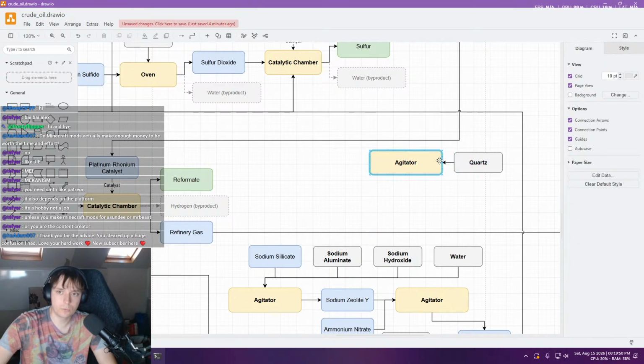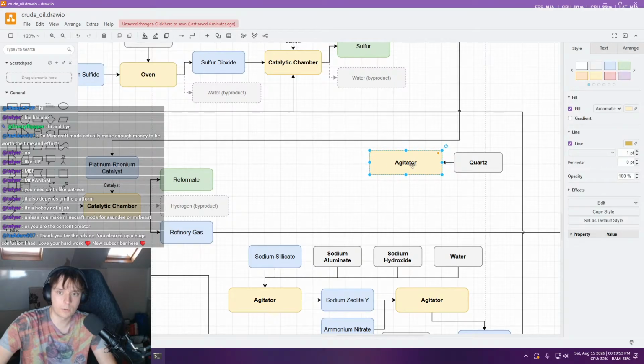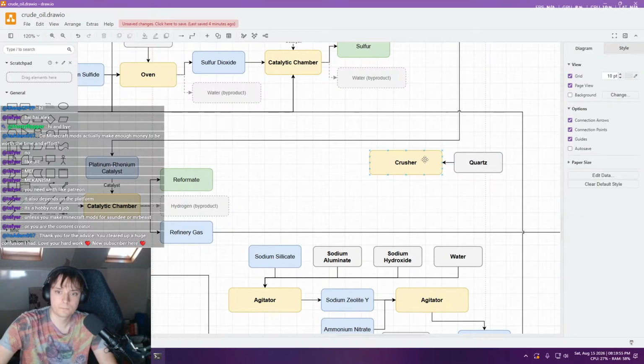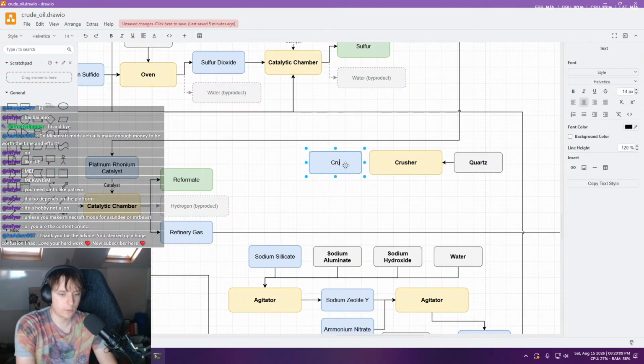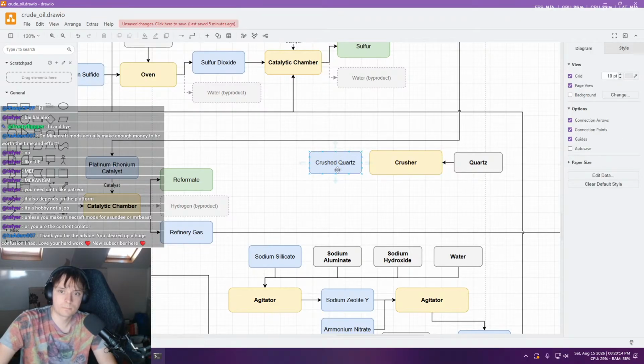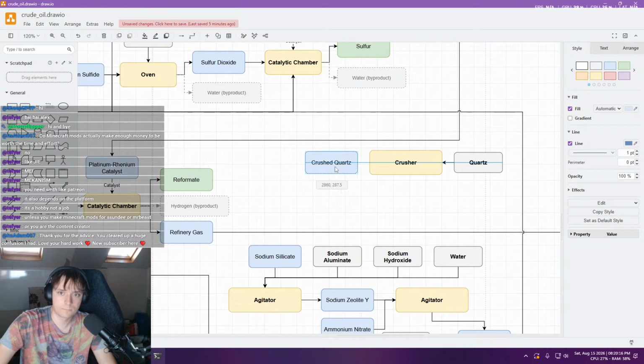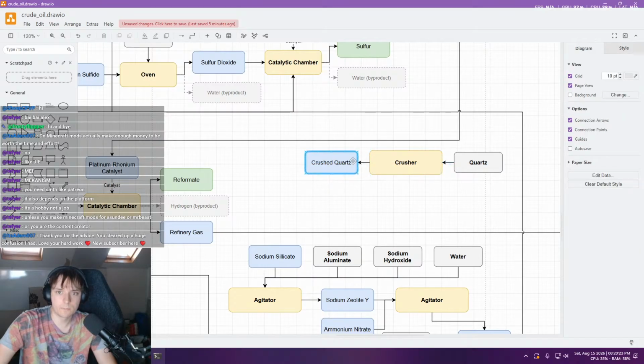Let's just do quartz crusher. Right, how do I get, oh, line up, please. Crushed quartz. I don't know how to get the right gap on that.